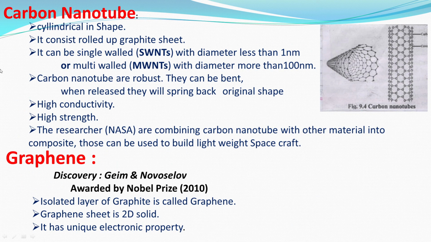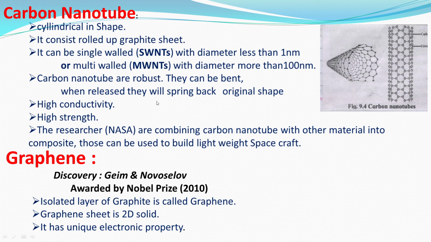Next allotrope of carbon is the carbon nanotube, which is cylindrical in shape. It consists of a rolled-up graphite sheet. It can be single-walled with diameter less than 1 nanometer or multi-walled with diameter more than 100 nanometer. Carbon nanotubes are robust.